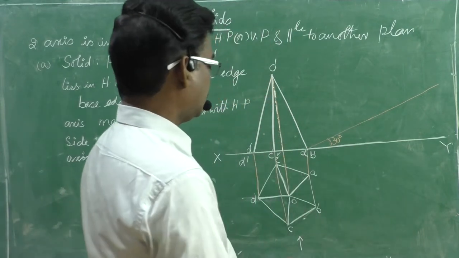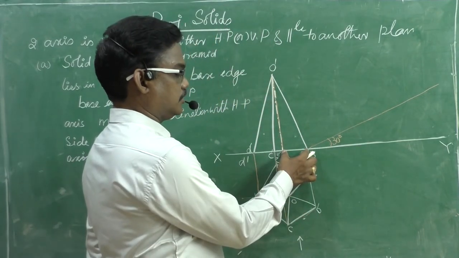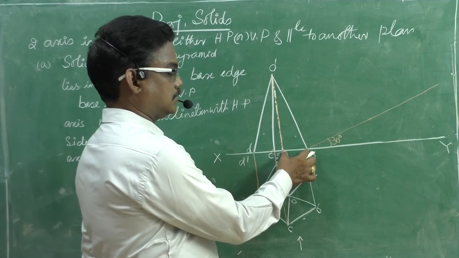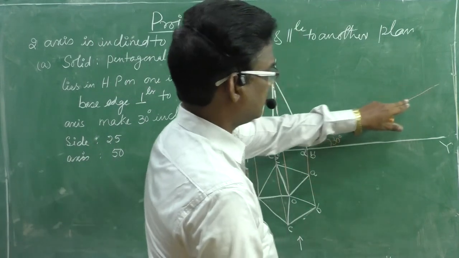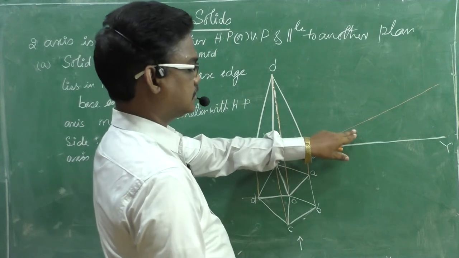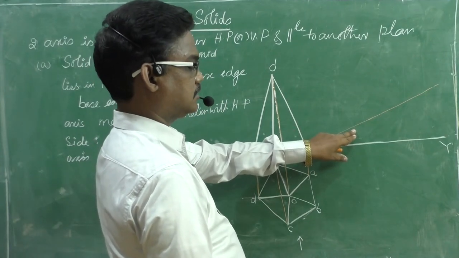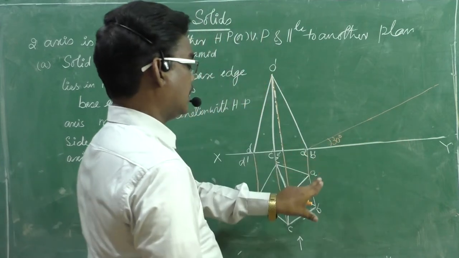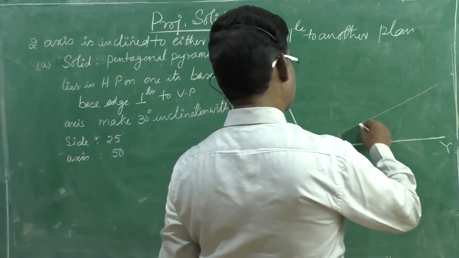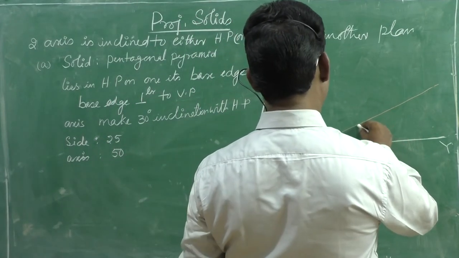Here, whatever length you observed, with the help of a mini drafter, one scale we need to put parallel to this, 30 degrees, and if you slide the other scale at one point, exactly this distance is obtained.